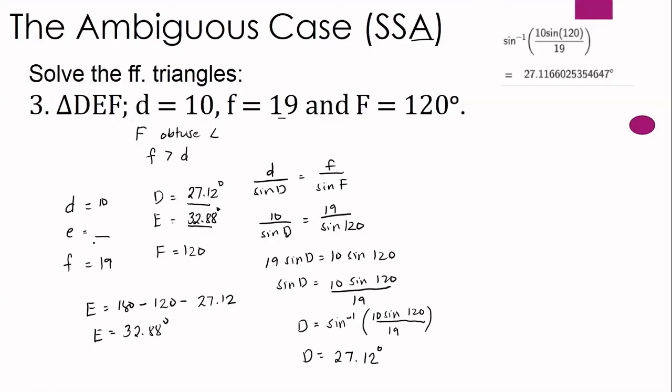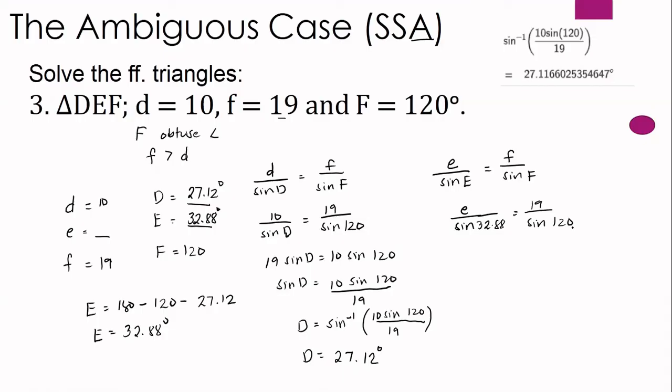So, pag kinuha natin ang side E, we have E over sine E is equal to, again, kumpleto yung ating F, so we have F over sine F. E ang nawawala, then we have sine of angle E, which is 32.88. Isasubstitute lang natin. So, E over sine 32.88 is equal to 19 over sine of angle F, which is 120.